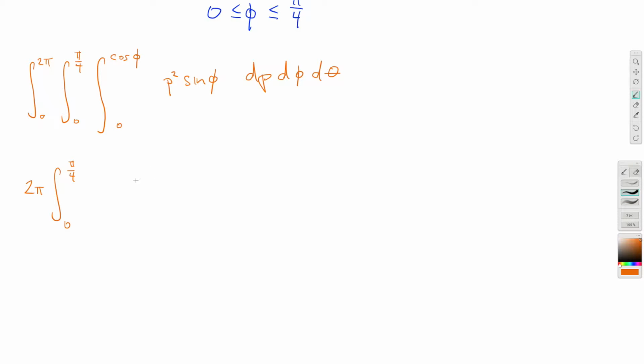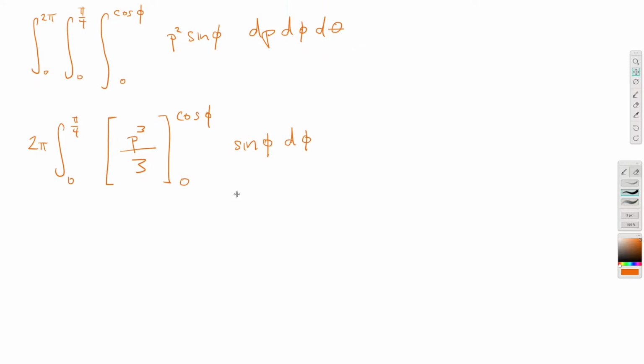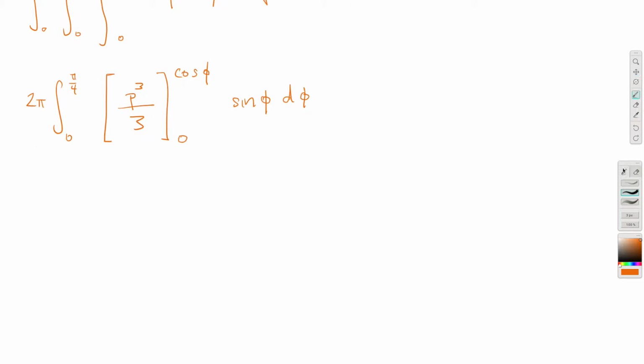Then we integrate with respect to rho, so we're going to get rho cubed on 3, from 0 to cos of phi. And we've still got our sine over here, d phi. This should probably be over here, but screw it. Next, what do we do? Let's change color.